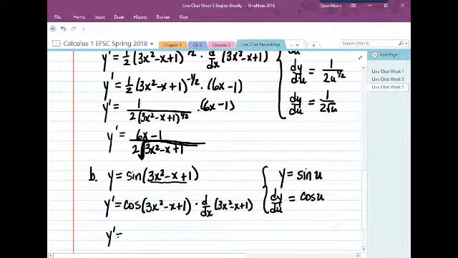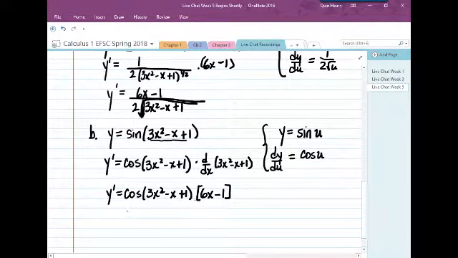So in other words, y prime equals cosine of 3x squared minus x plus 1 times, and then we have the derivative of 3x squared, which is 6x, and the derivative of negative x, which is negative 1 again.